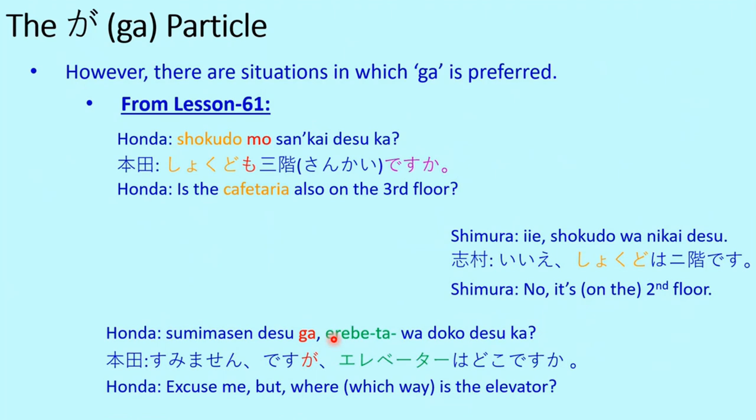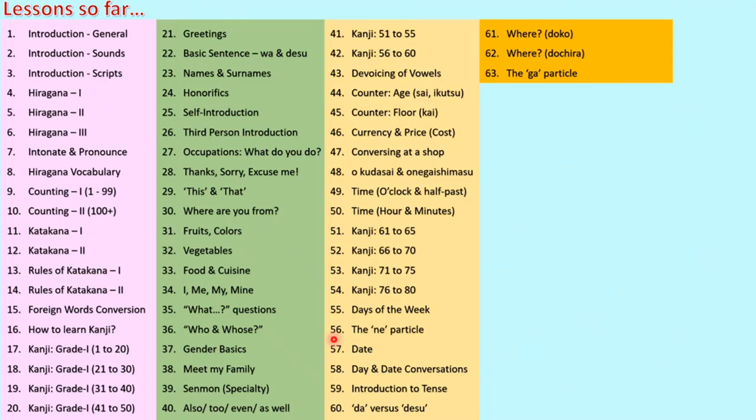As we go deeper, things become more complicated, and you will find more usages and applications of this ga particle. But to begin with, this is enough, to keep it simple, otherwise you may get confused. As a beginner to this language, this is enough. That's all for today, friends.